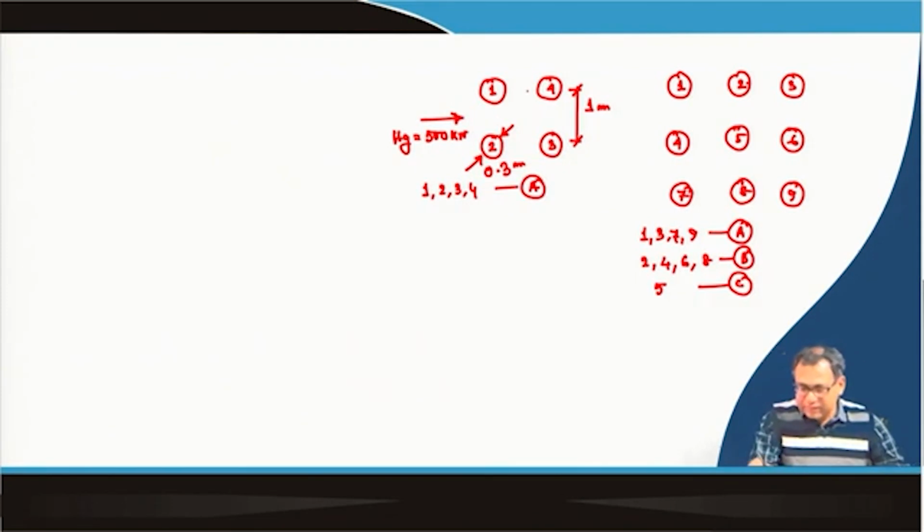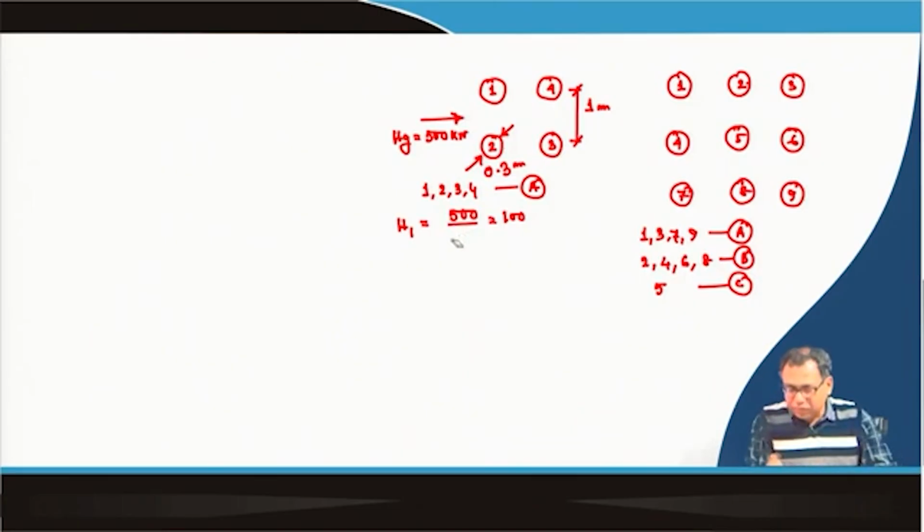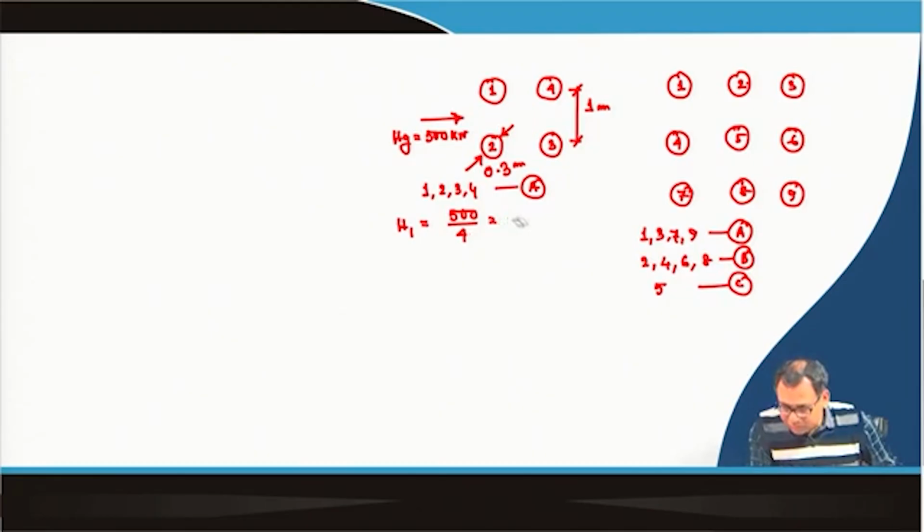In this first case, every pile is taking a similar amount of horizontal load, that is H1. H1 will be 500 divided by 4. So, this will be 125 kilonewton.